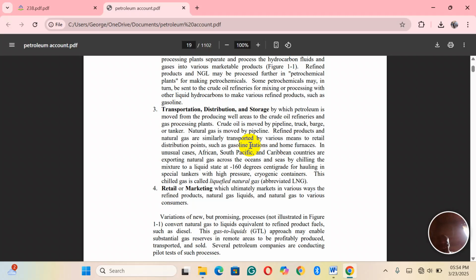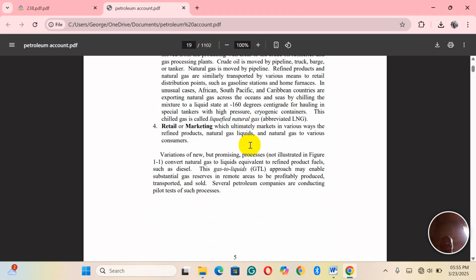This chilled gas is called liquefied natural gas. Four, retail marketing, which is ultimately the marketing in various ways of refining products, natural gas liquids, and natural gas to the consumer.